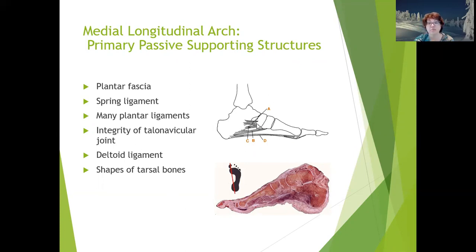So a lot of times people with flat feet, the navicular moves distally and it hits the ground. The deltoid ligament, and the shape of the tarsal bones. So the shape of the bones is a passive structure on the arch. So these are all passive supporting structures, ligaments, bones, and the joints themselves.